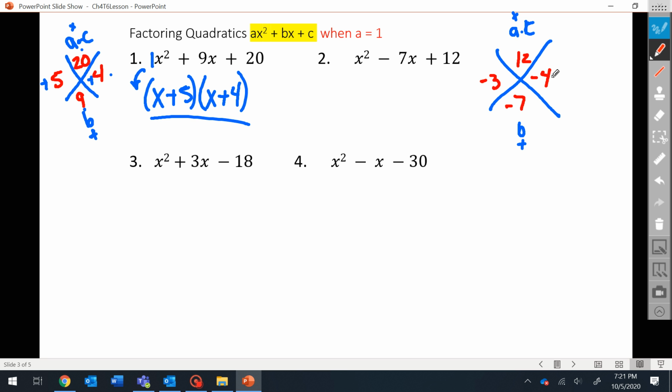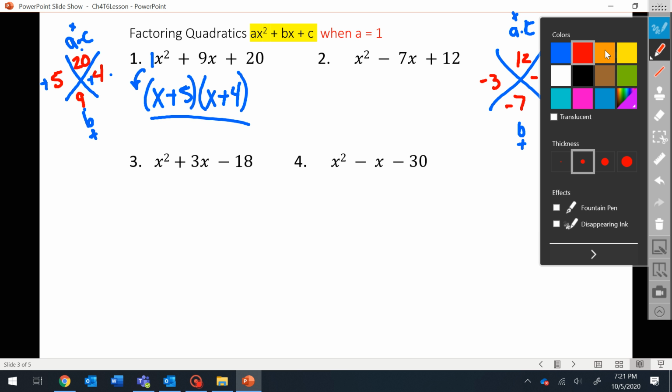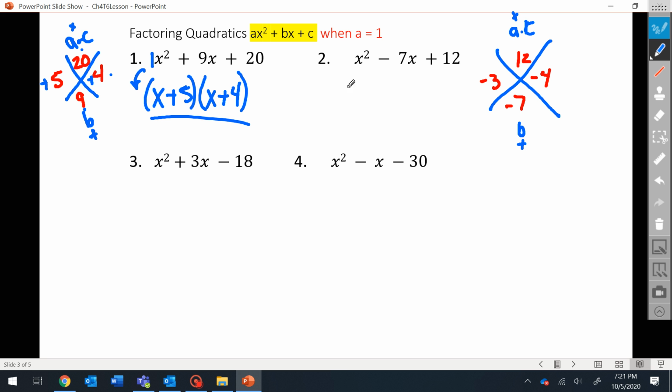Negative 3 times negative 4 is 12, and negative 3 plus negative 4 is negative 7. So my two factors are x minus 3 and x minus 4. You can distribute this to double check: x squared minus 4x minus 3x plus 12, which is x squared minus 7x plus 12.